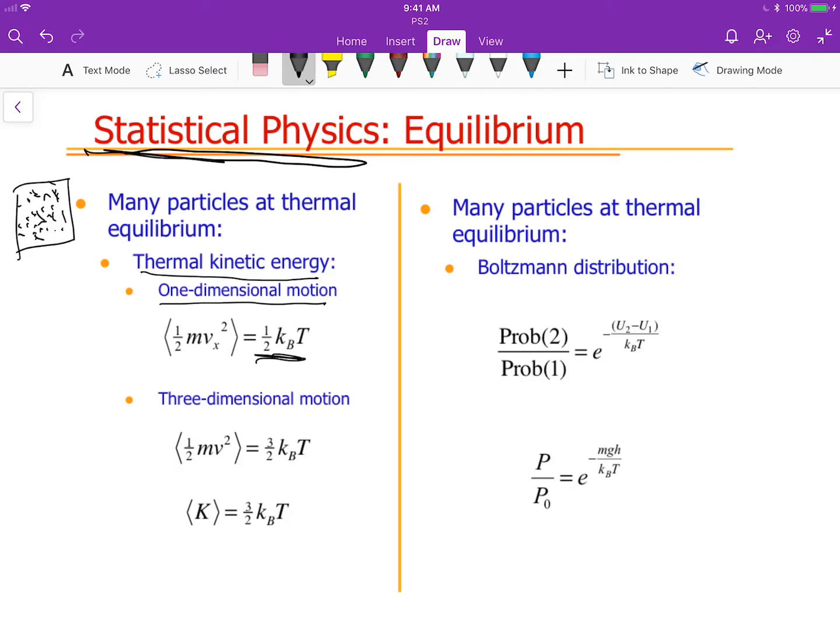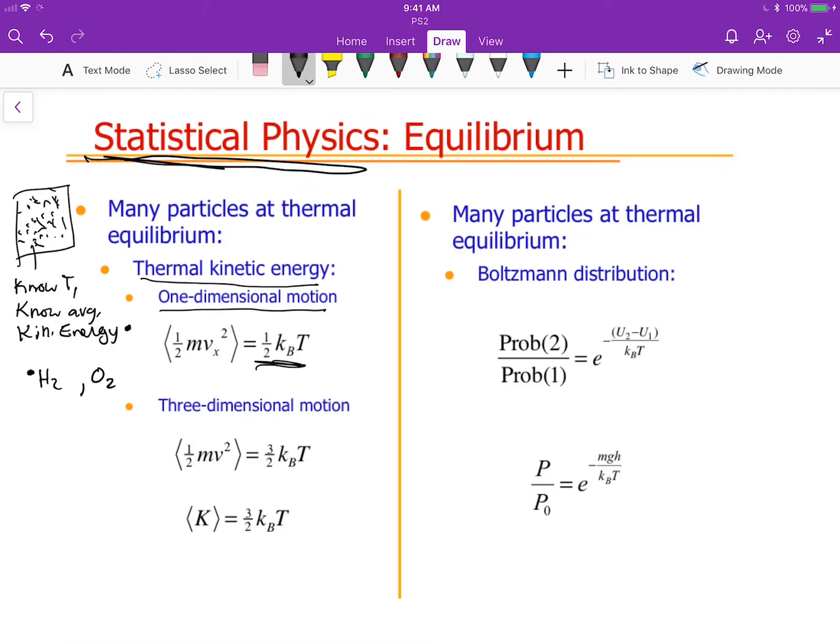So if you know the temperature T, then you know the average kinetic energy of any particle in there, right? So let's say you have some H2 in there, and you also have some O2 that's bouncing around in the same box where we have the same temperature.